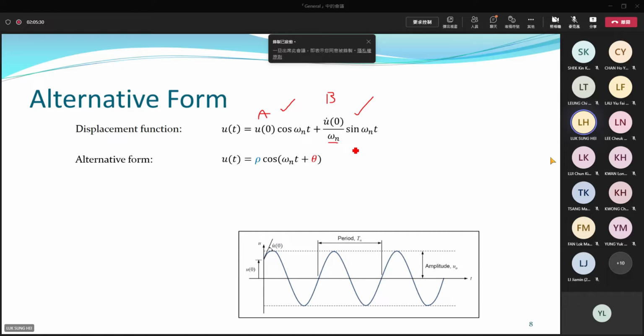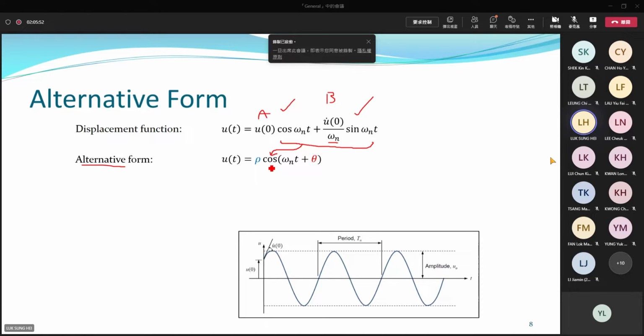Mathematically, you can combine cosine and sine into one trigonometric function. You can combine sine and cosine into either a sine or cosine function based on our mathematics. So actually, you can express the system vibration using another form, using only one cosine function.